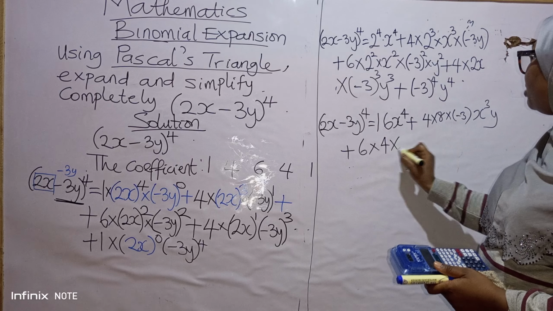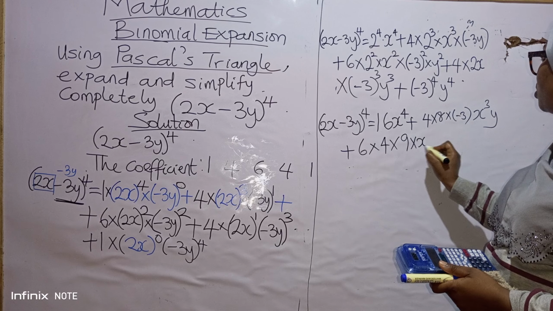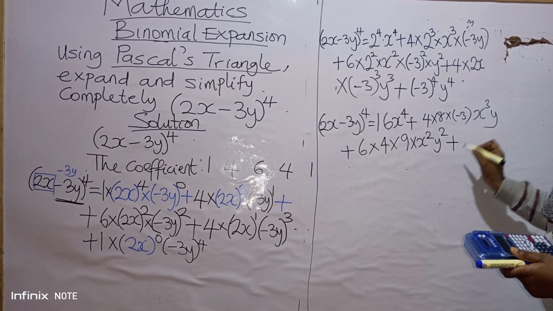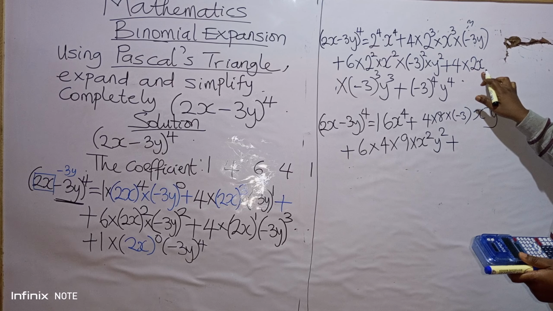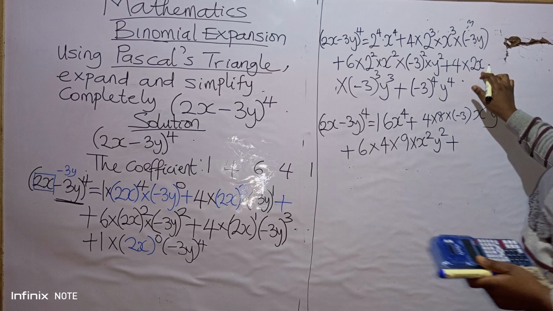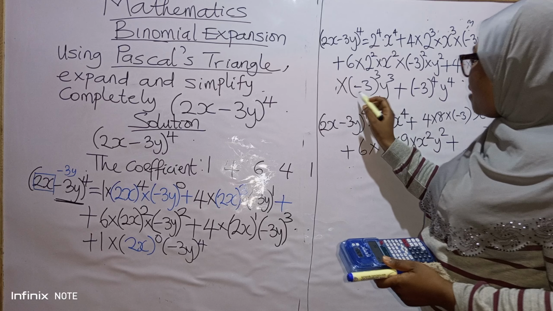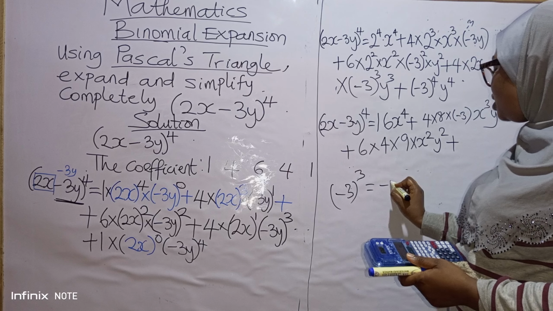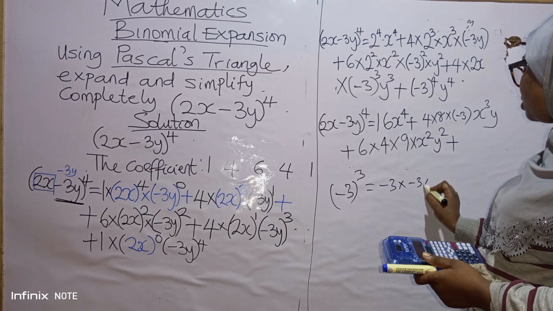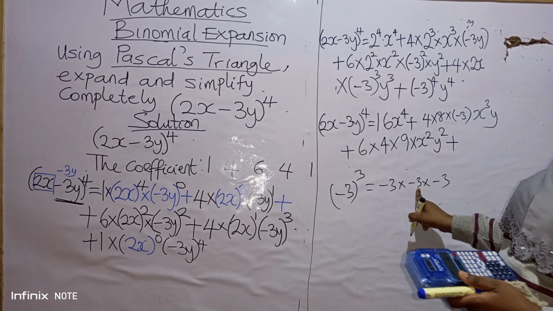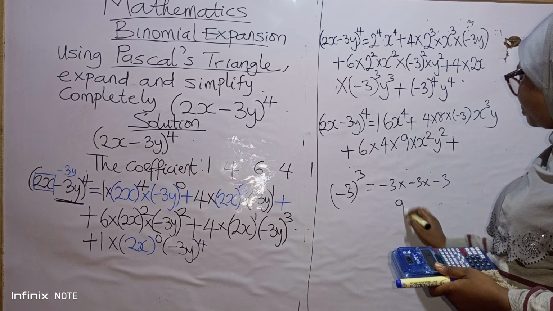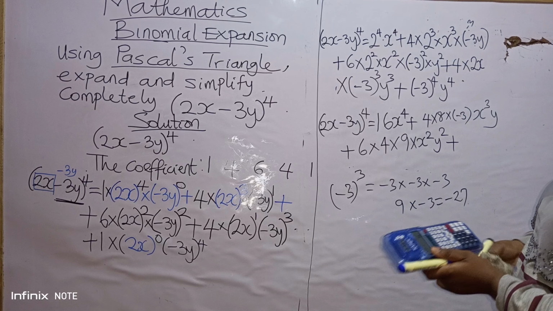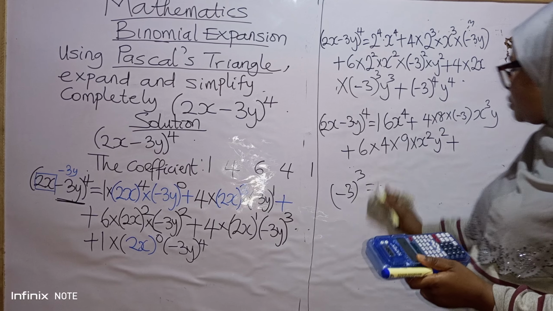So that will multiply by 9, then multiply by x squared, y squared. Plus 4 multiplied by 2x, that is 8x. Then here I have minus 3 raised power 3, that will be minus 3 multiplied by minus 3 multiplied by minus 3. Minus 3 multiplied by minus 3, that is plus 9. Then multiply by minus 3, that is minus 27. So please take note of all those things.